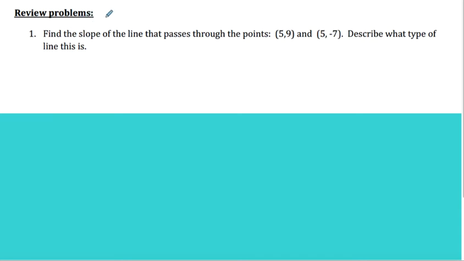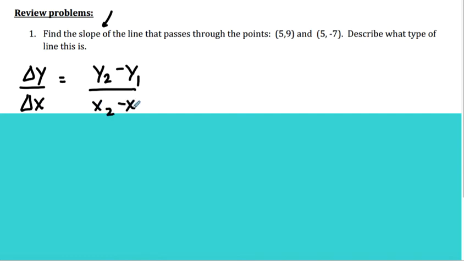So first, let's clarify slope of a line. To find the slope of a line, you do the change in y over the change in x, which is also a formula, which means change means subtract. So y2 minus y1 over x2 minus x1.